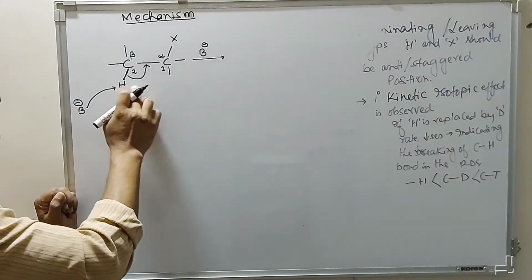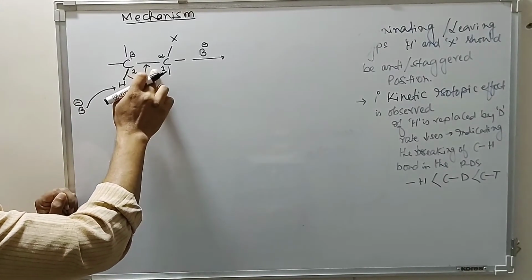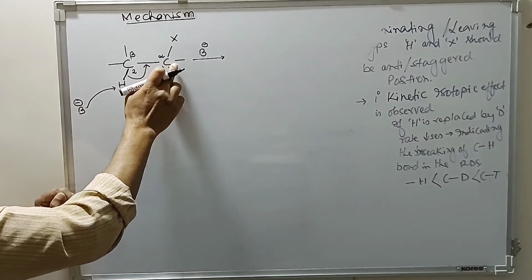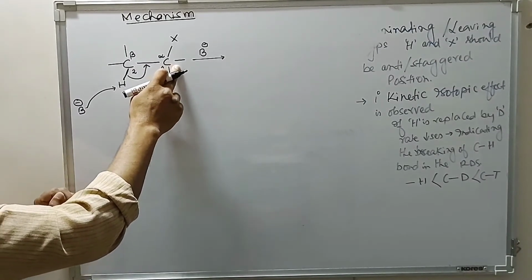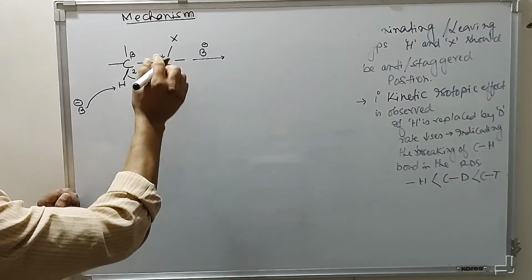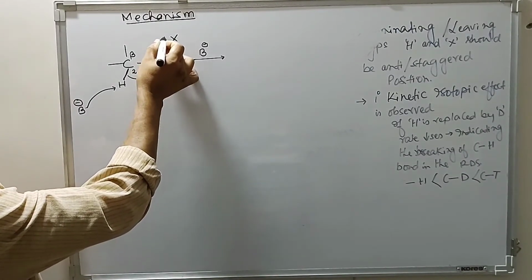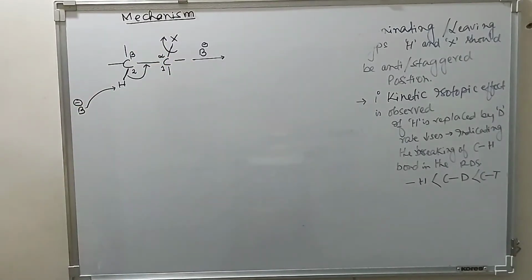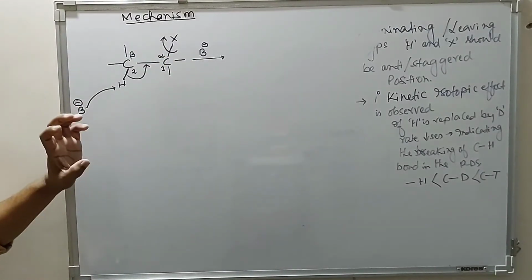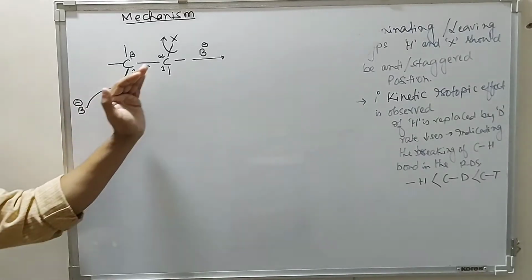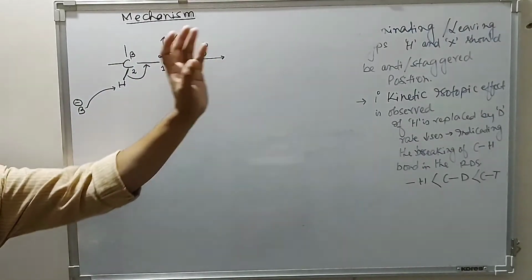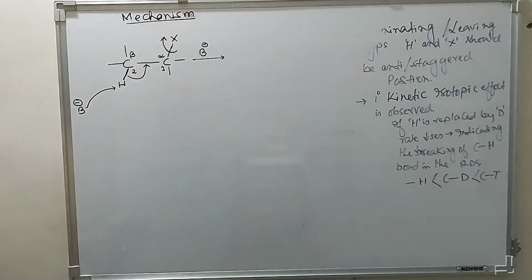When this electron is transferred to alpha beta carbon, valency of this alpha carbon increases, which is not possible. So finally this halogen has to leave the system with its electron pair. All this process is taking place simultaneously in a concerted single step pathway.